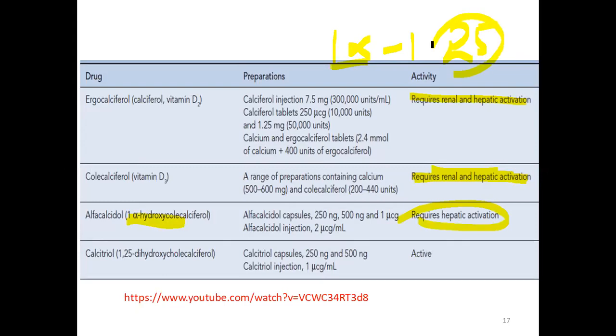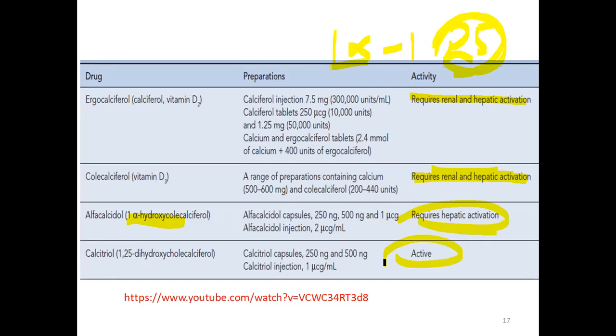So that means if the vitamin D analog is hydroxylated at one functional group, it is already activated in the kidney, and to be fully active, it requires hydroxylation at the 25 position. That is why calcitriol is active and does not require any metabolic activation.